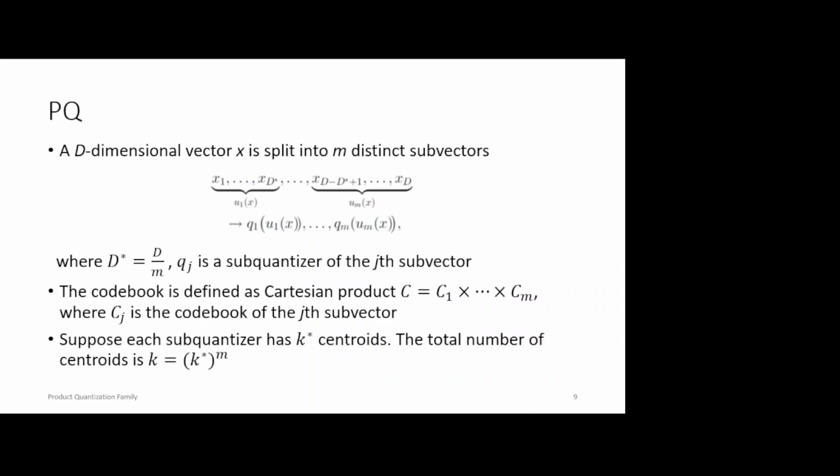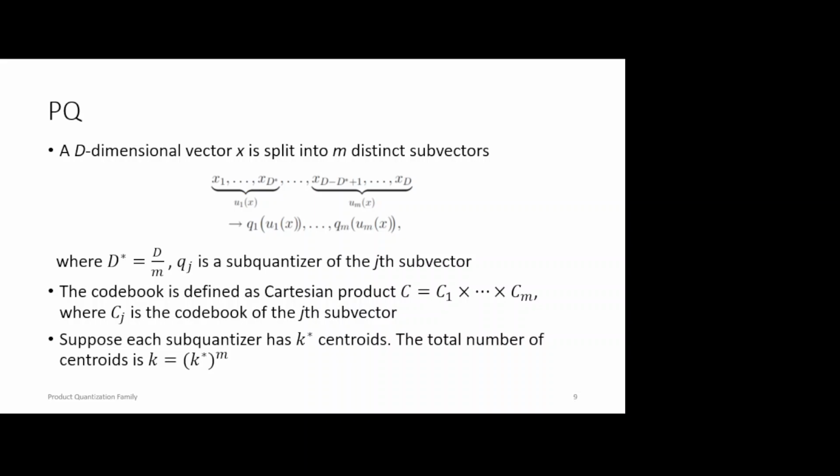Okay, the idea is this. The d-dimensional vector x, we can split it into n subvectors. They are distinct, no overlap. So you see this is the first one, the first subvector, and the last is the nth subvector. For each subvector, we will use a quantizer to do the quantization.